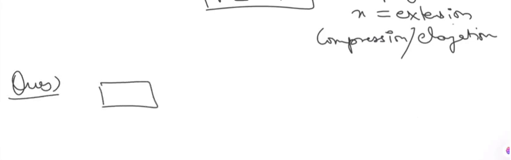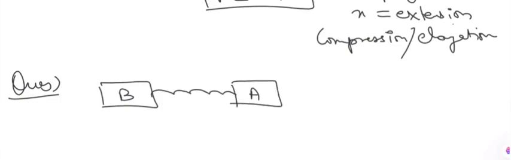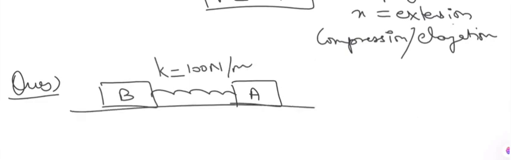Now what happens is, suppose I take a question as, here I have a mass, let's say B, which is tied with a spring, let's say A, and here I am tying it with the K constant as 100 Newton per meter. Done, and it is kept over a steady surface.